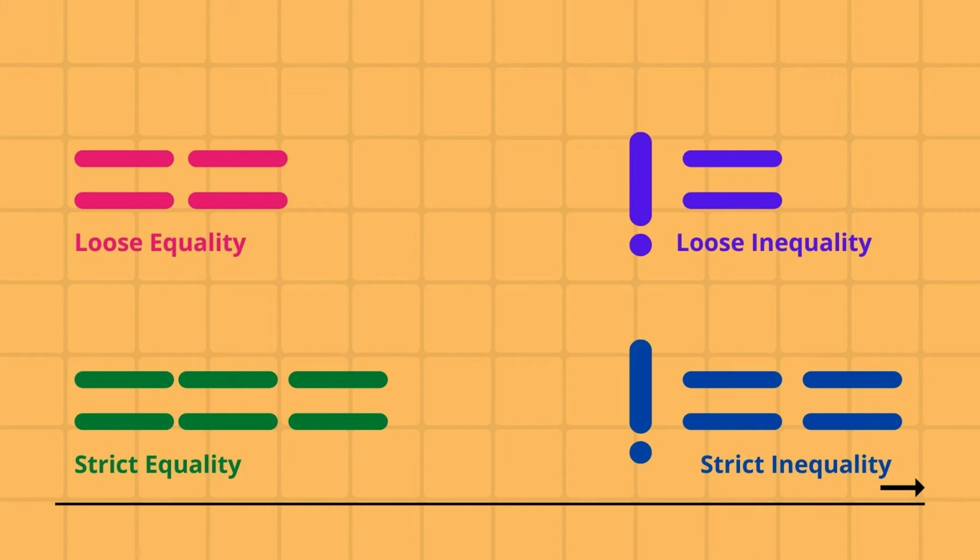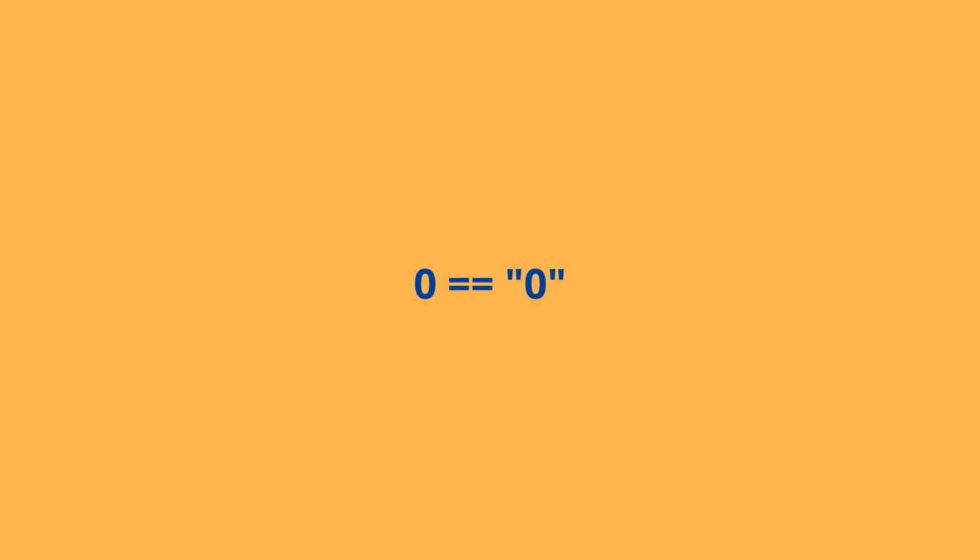In JavaScript, we have what is called loose equality and also strict equality. When we use the loose equality operator, JavaScript performs what is called type coercion. So type coercion is the automatic conversion of one data type to another data type. If we wanted to compare the integer 0 to a string containing 0, the comparison using loose equality would return true.